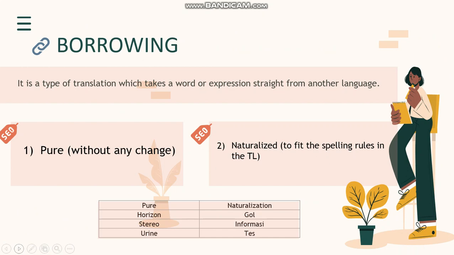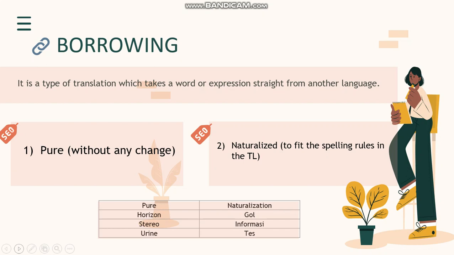So for the next, we have the borrowing technique. As we know, borrowing is also a kind of semantic strategy. Borrowing is a type of translation that takes a word or expression straight from another language. We don't change much for this technique. Borrowing is divided into 2 types.